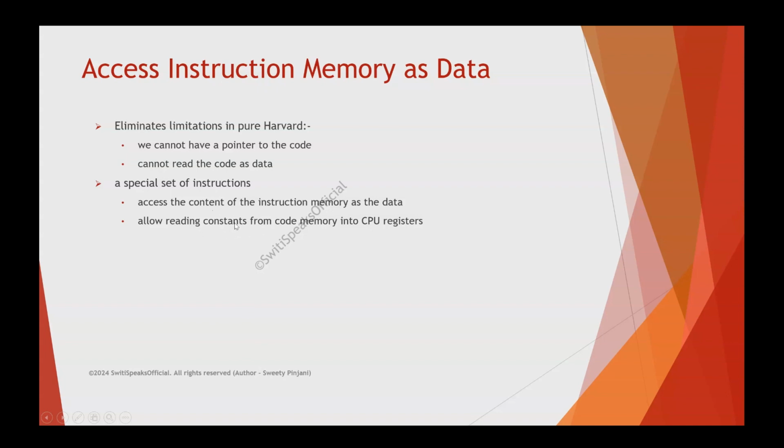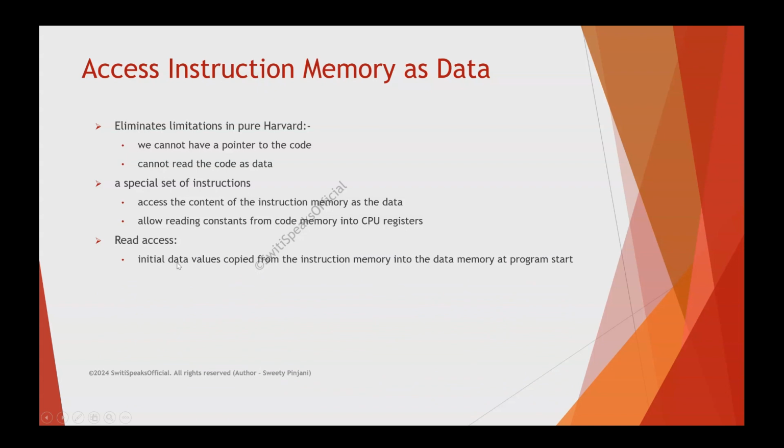So these constants can be read into your CPU registers in this access instruction memory as data type, because if you put them in your registers, the access is faster because registers are very close to your CPU. So this helps in accessing the constants very fast. How does read access happen?